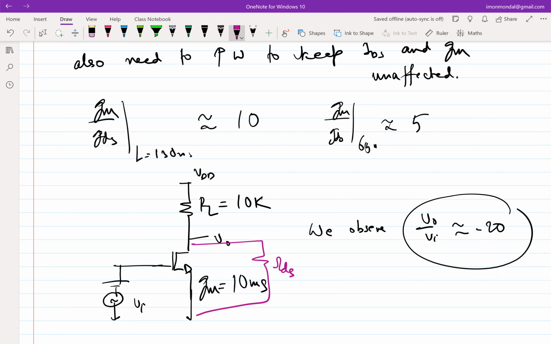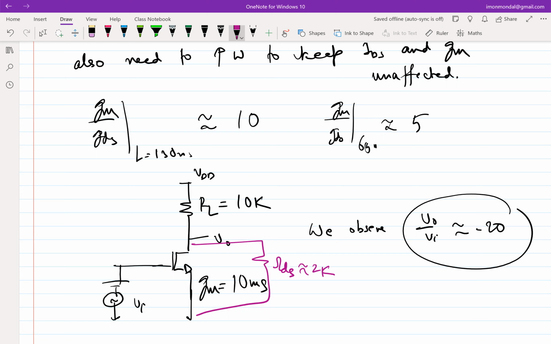You did an experiment and you found this. Pardon? 2 kilo, right? Because it is only when 10 millisiemens gets multiplied by 2 kilo that you get minus 20. So this is approximately 2 kilo.